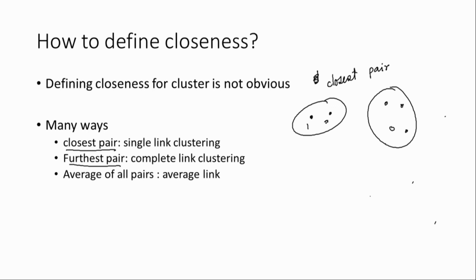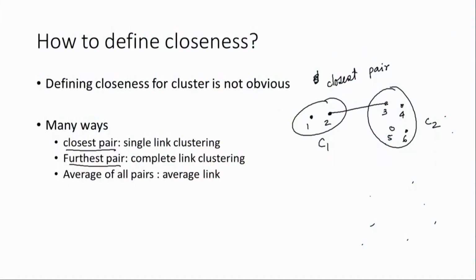in which you say that the distance between cluster C1 and C2 is given by the distance between point 2 and point 3. The distance between two clusters is given by one element in one cluster and the other element in the other cluster, and the minimum distance between them.